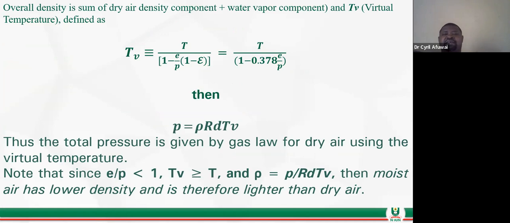And the virtual temperature, TV, is defined as the equation given there.